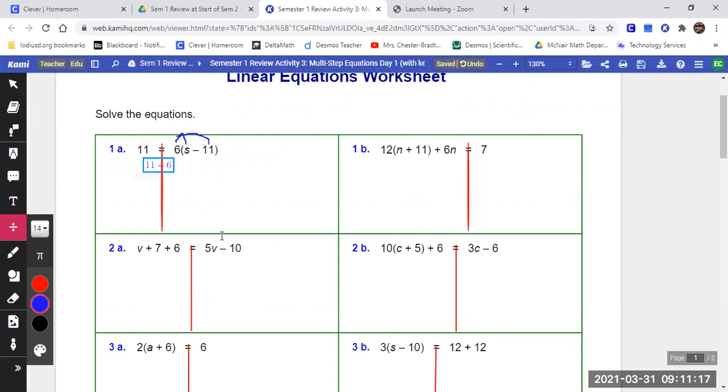So it's a positive 6 times an S and a positive 6 times a negative 11. I'm showing that I'm distributing. Again, the 11's not been changed. A number times a letter, just squish them together. And then we have to do 6 times negative 11.